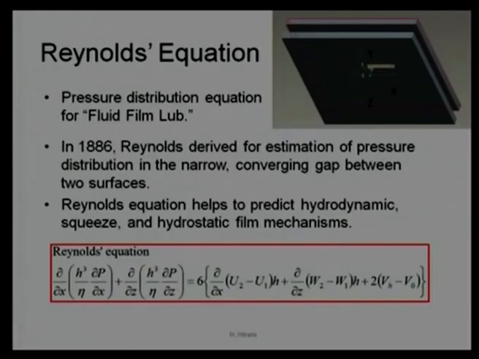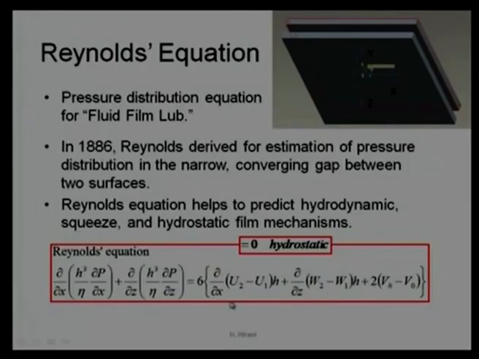So, we say there is a Reynolds equation which can simulate all the behavior. The source term is 0, suppose the whole right hand side is equal to 0, that is possible in hydrostatic lubrication. There is no relative velocity, there is no wedge action, there is no relative velocity between the two surfaces in the film thickness direction.